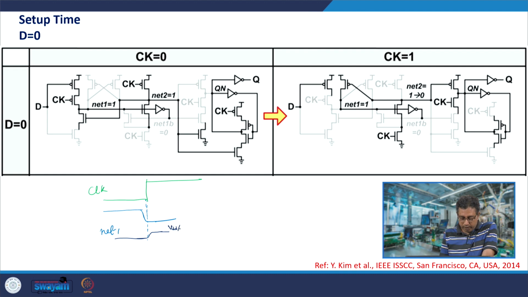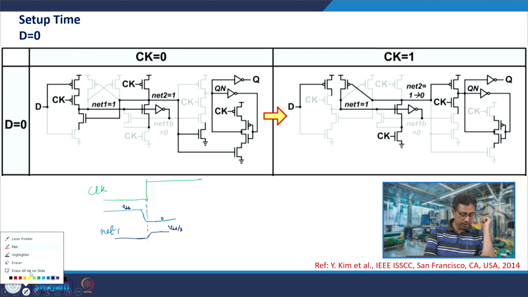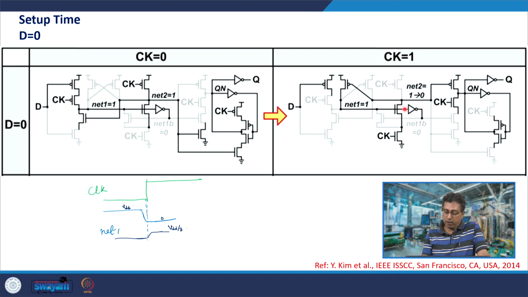Suppose it turns to VDD by 3, and in the meantime net 1 has not sufficiently turned high. Therefore, after clock turns high, this transistor would not be sufficiently on, and therefore the discharge of net 2 would be very slow. That would result in this transistor not turning on, and therefore net 1 would remain at a low voltage, at a voltage which is lower than VDD.